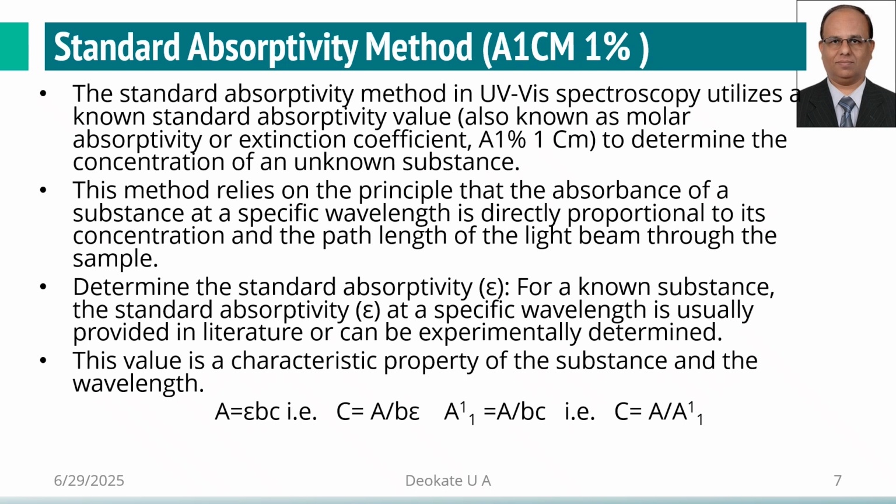To modify for the concentration, you will have the equation A upon A11. Now, the important thing is the unit of concentration obtained by using the A11 value. So the unit of concentration will be grams per 100 ml. You have to remember these units to perform the further calculations.